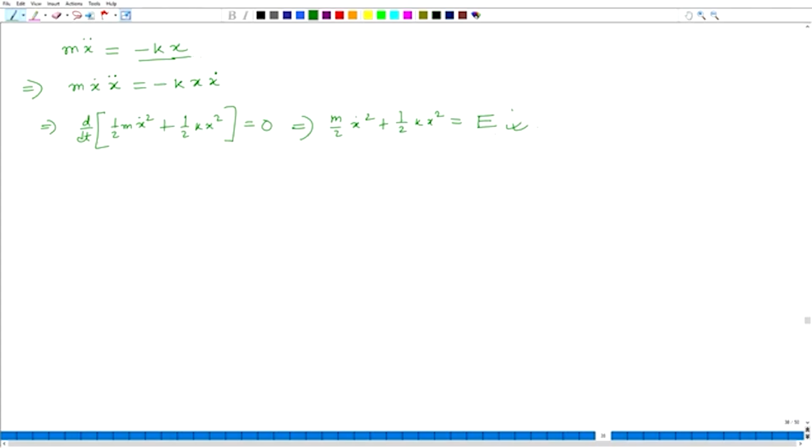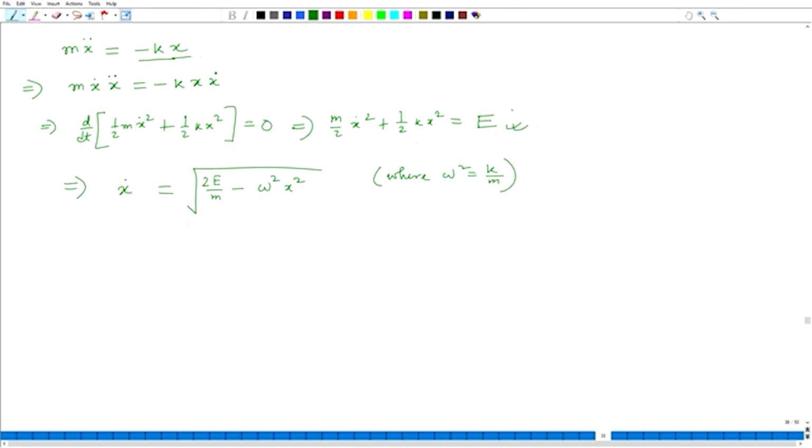Then I can easily write from this step that x dot is equal to root of 2E over m minus omega square x square, where omega square, as I said previously as well, is equal to k by m.